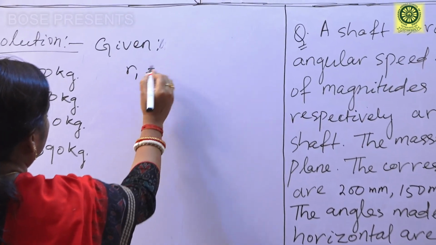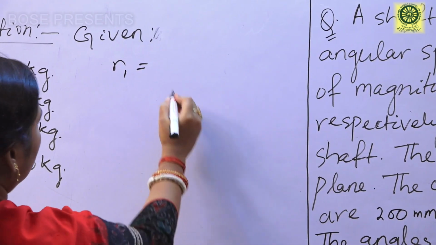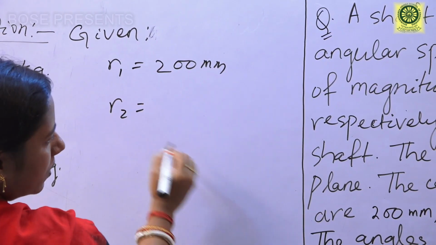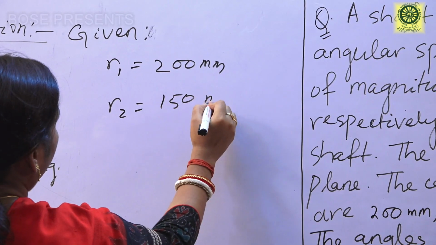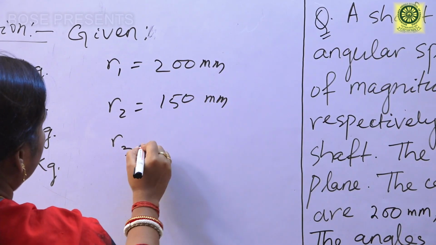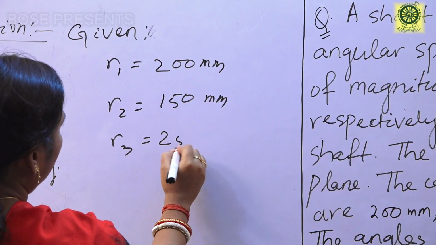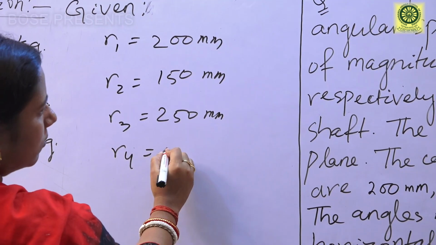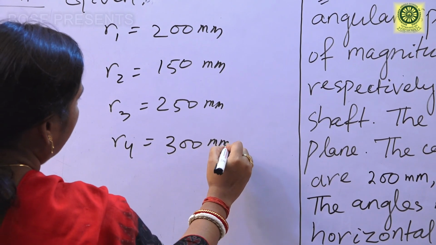Here R1 is equal to 200 mm, R2 is equal to 150 mm, R3 is equal to 250 mm and R4 is equal to 300 mm.